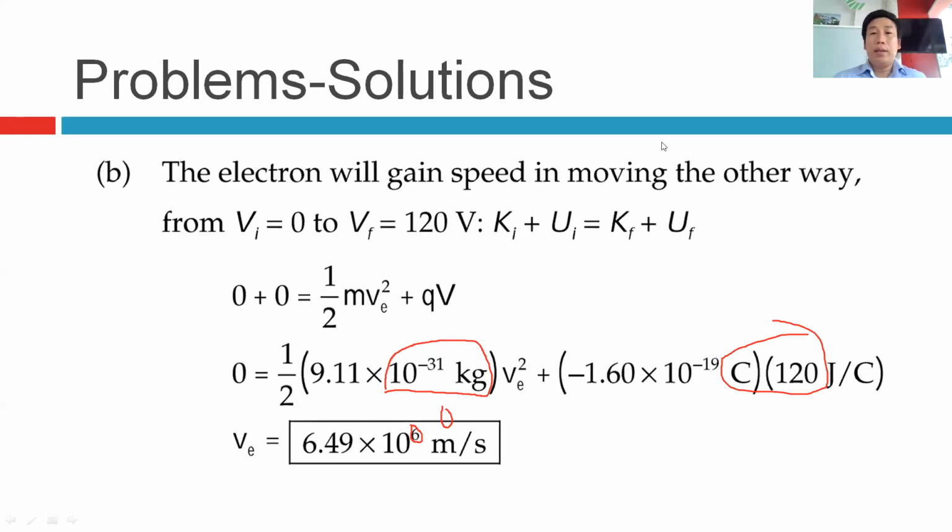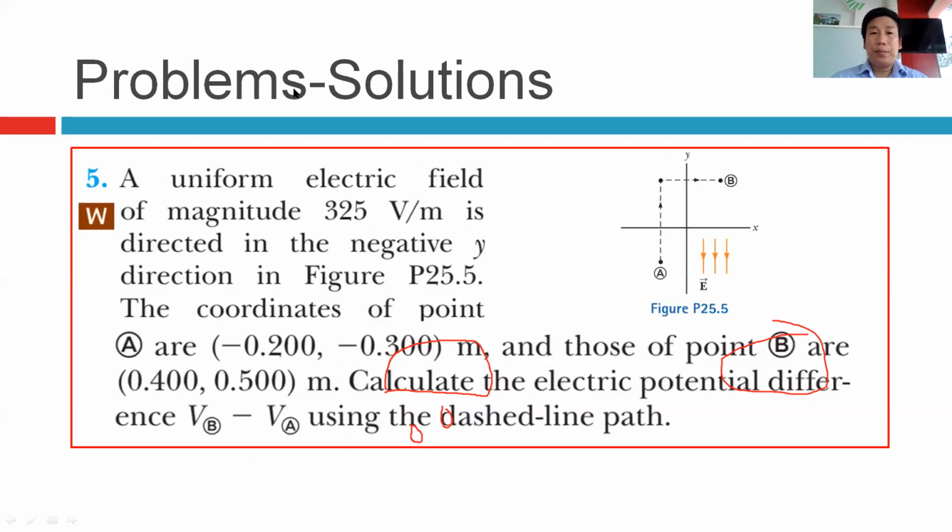Okay. Let's move to the next problem. In this problem, you have a uniform electric field with a magnitude of 325 V per meter, and the direction is opposite to the direction of the y-axis. It's in figure 25.5.